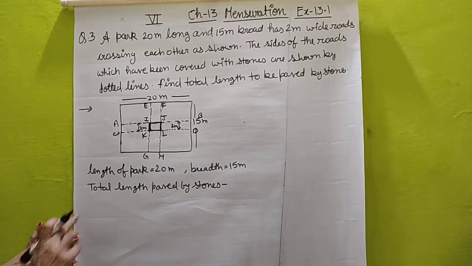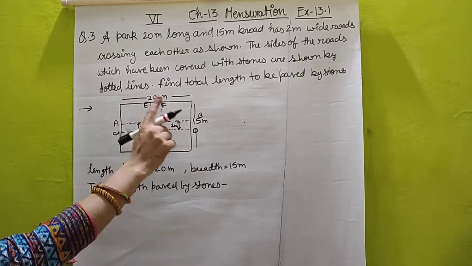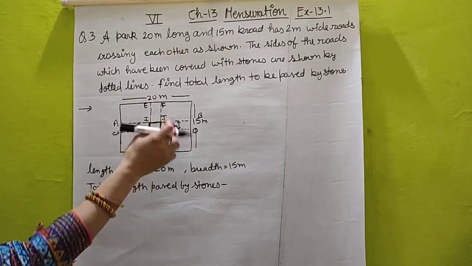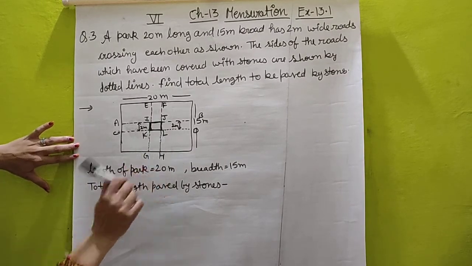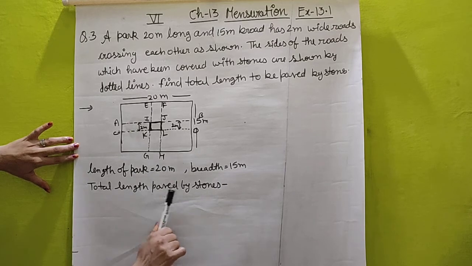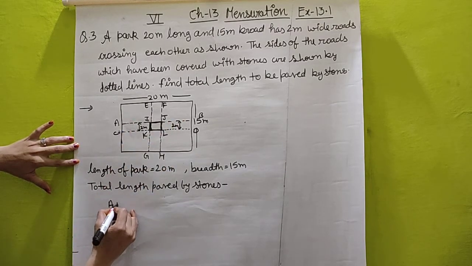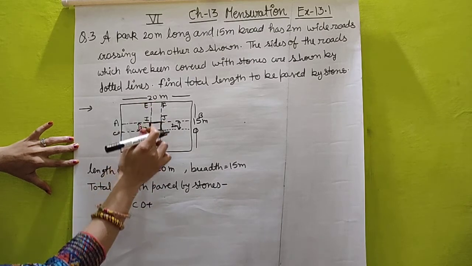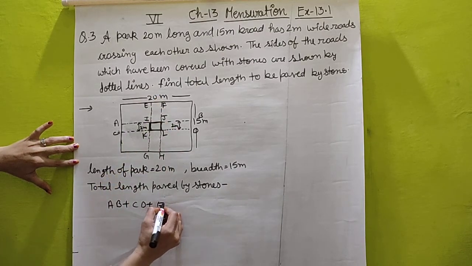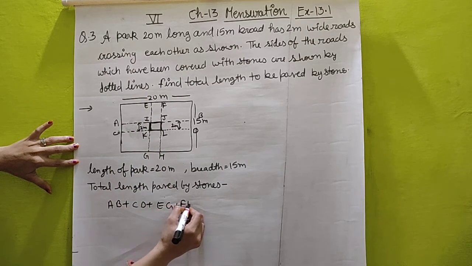First of all, the length of the park is 20 meter and the breadth is 15 meter. They are asking the total length of the dotted line, because the dotted lines are roads. So we have to find the length of only the dotted line, the total length paved by stones. First I take AB plus CD, then EG and FH.